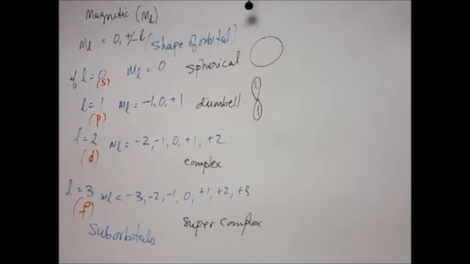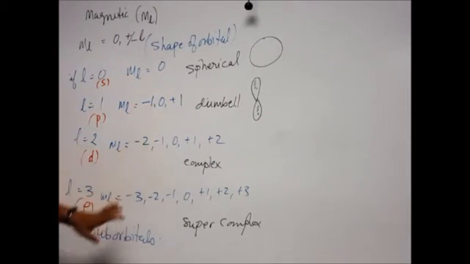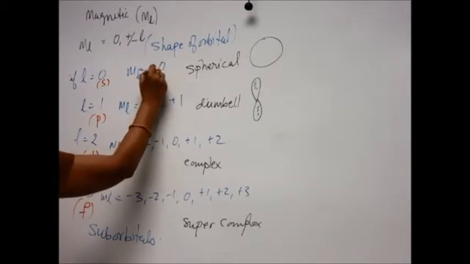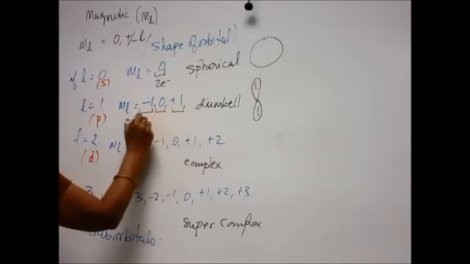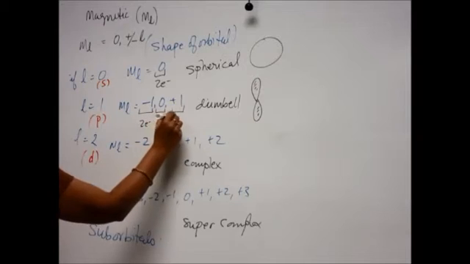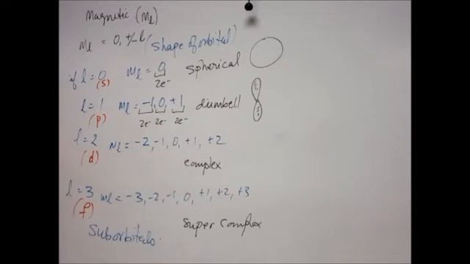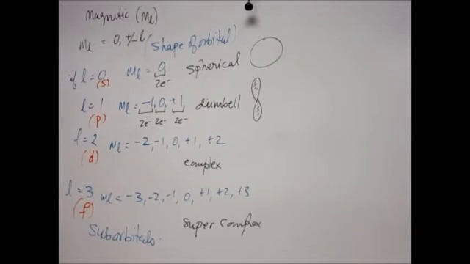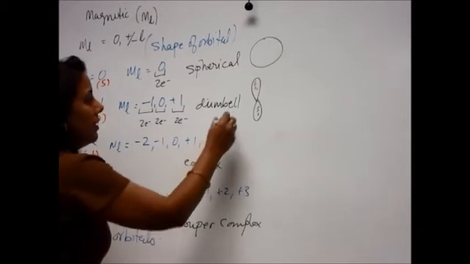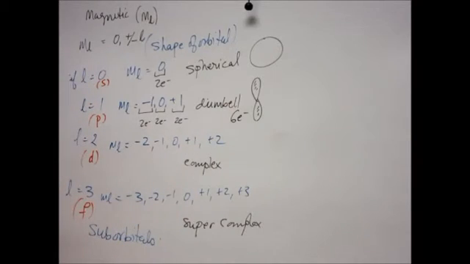But we still haven't come to how many electrons we are talking about. Each of these suborbitals can handle 2 electrons. So this can handle 2 electrons, and each of these can handle 2 electrons each. So the total number of electrons in P is going to be 6. Just add them up. Total of 6 electrons.